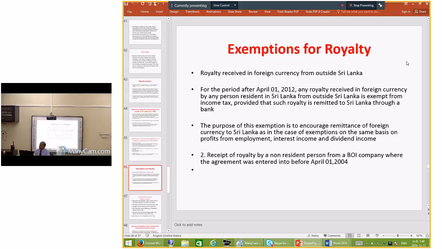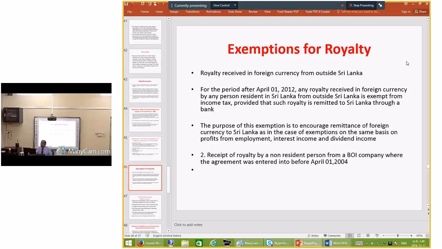There are some requirements. If someone needs to get this exemption for a royalty, he can receive it in foreign currency, but it should be remitted to Sri Lanka through a bank. If we remit the money through any other channel, no exemption is allowed.